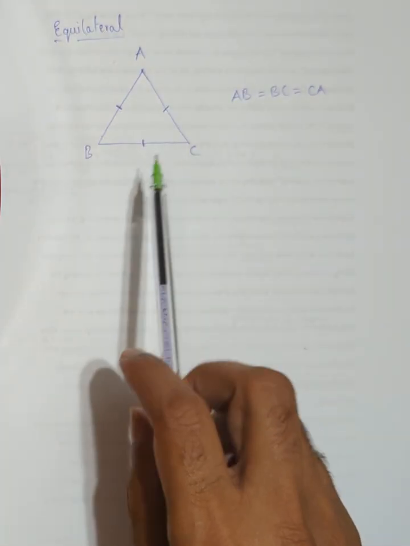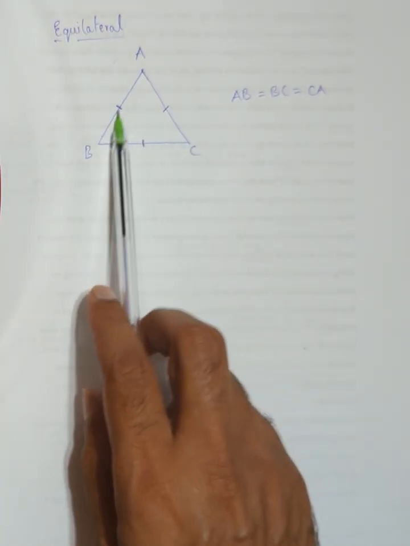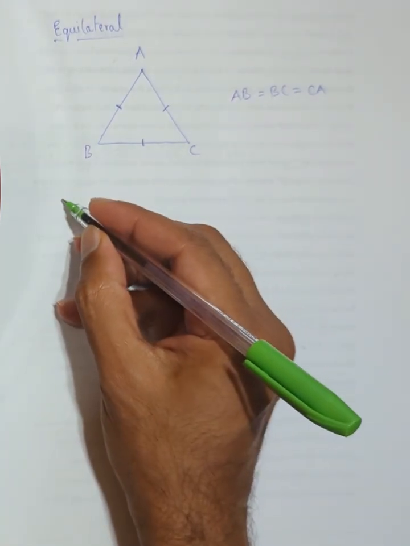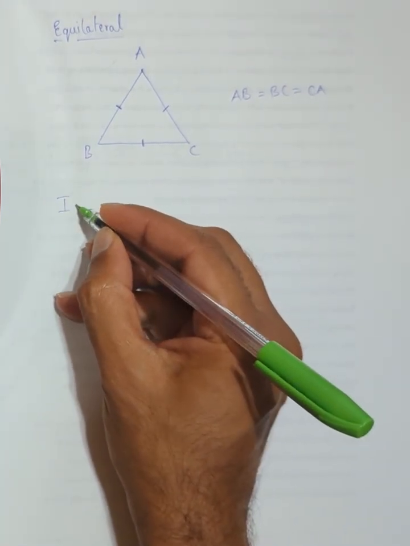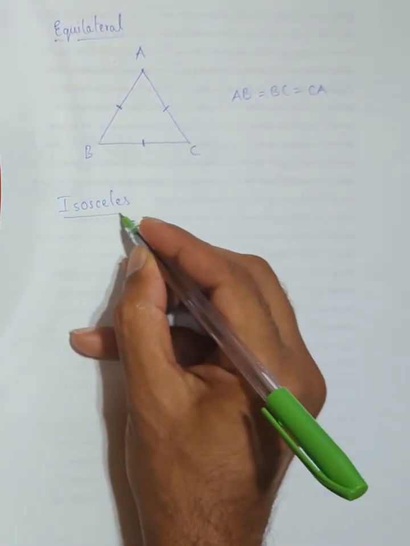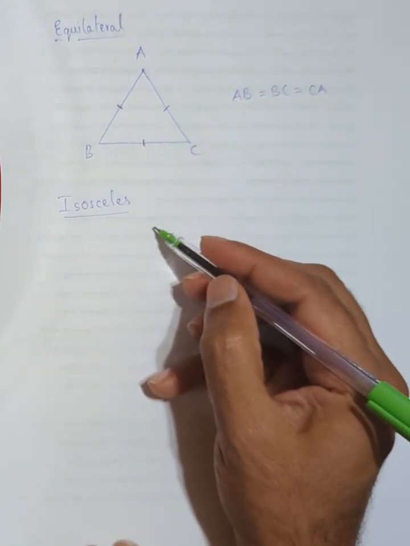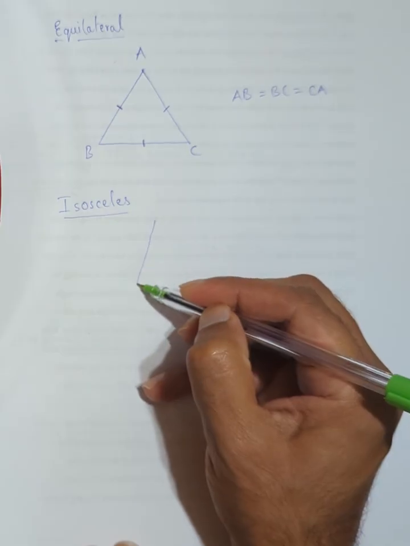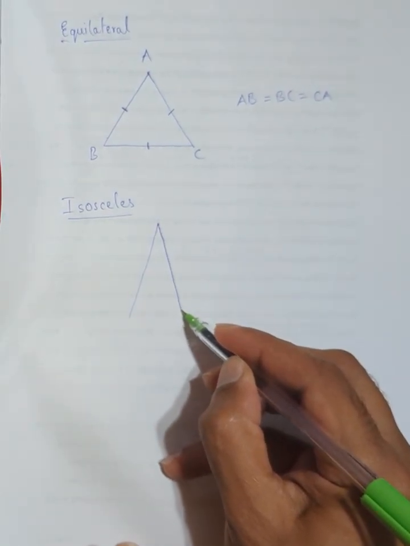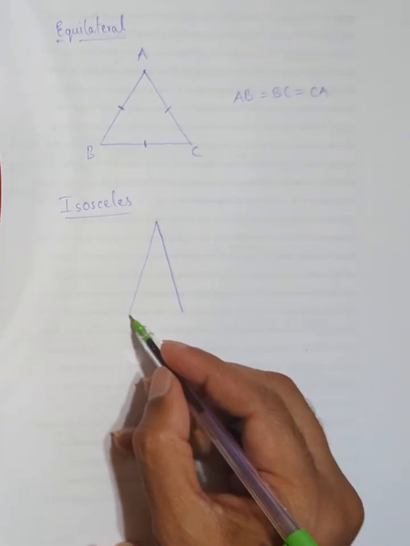Now, sometimes you may have a triangle in which not all three sides are equal, but only two of them are equal. Now, those triangles have a name. They're called isosceles. So what's an isosceles triangle? It's a triangle in which two sides are equal.